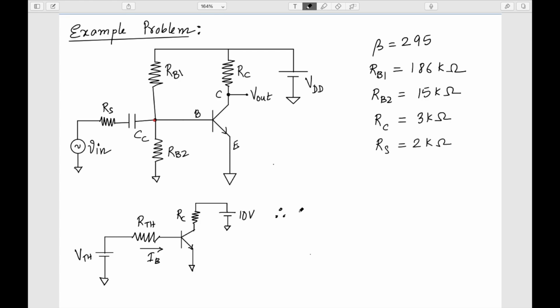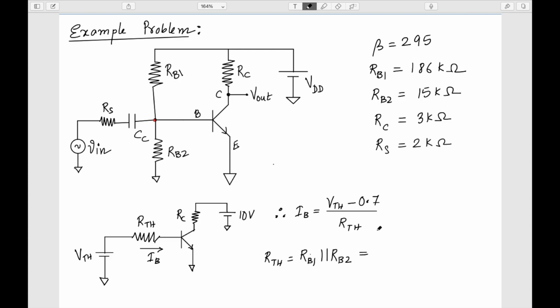Therefore my IB will be given by VTH minus VBE on, which is 0.7, divided by RTH. And we know that RTH is equal to RB1 parallel RB2.